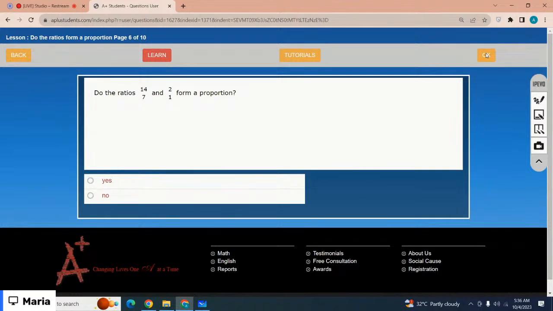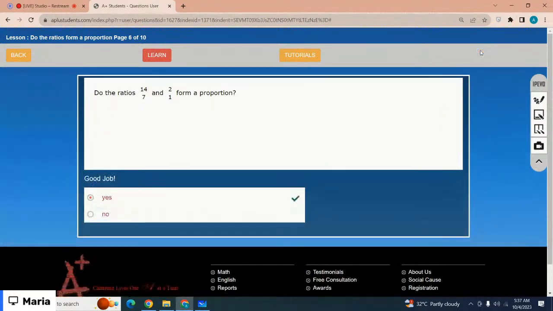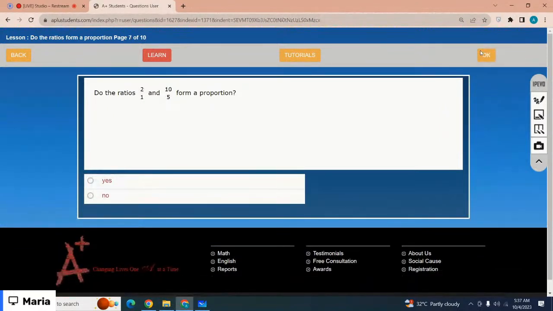The correct option is yes, they form a proportion. Do the ratios 2 by 1 and 10 by 5 form a proportion?